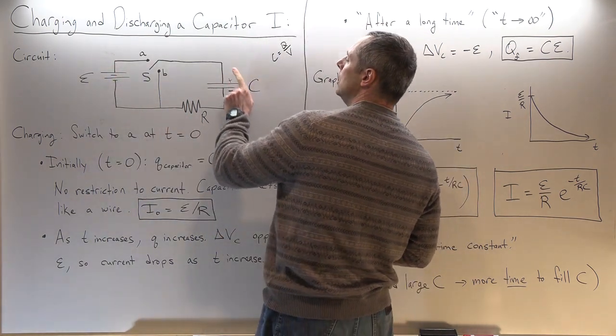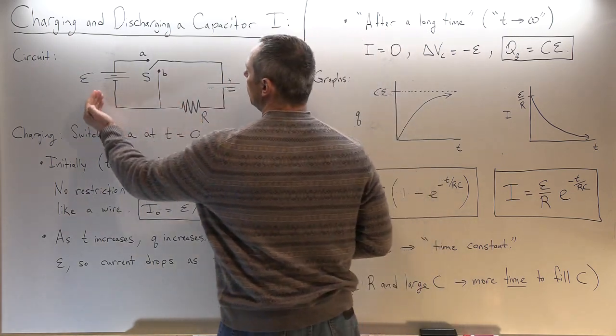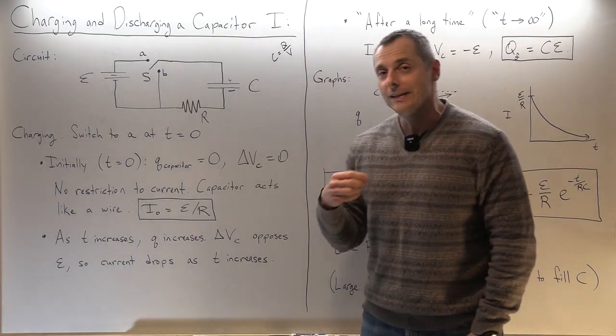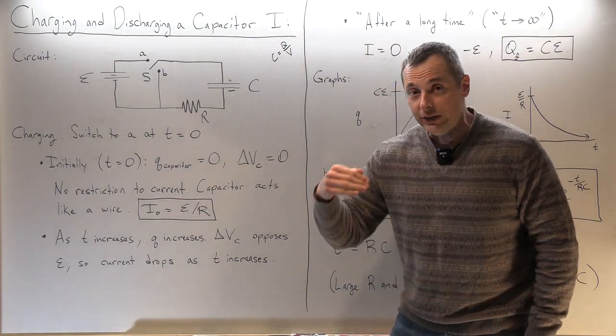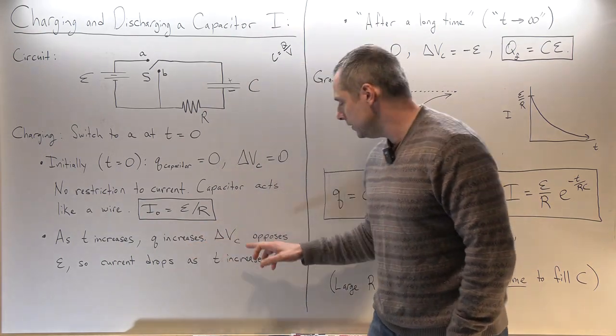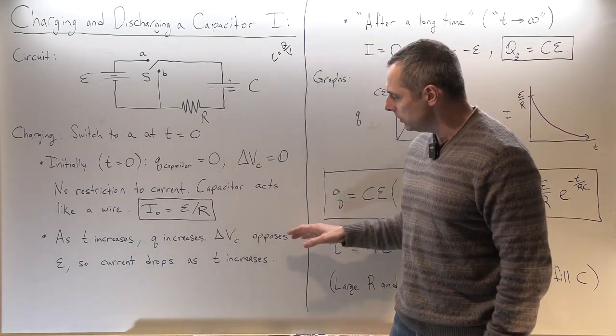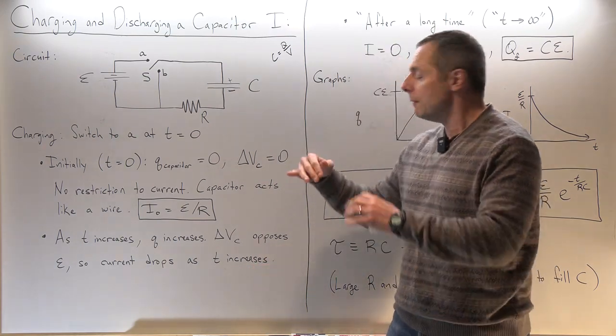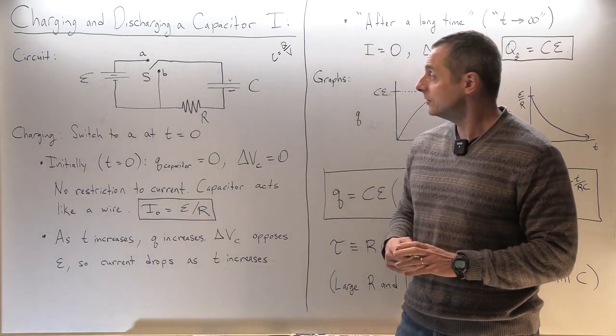So the capacitor is sort of opposing the voltage of the battery. And what that means is the net voltage on the resistor is getting smaller. And so as time increases, the charge increases, the voltage on the capacitor opposing the battery increases, and so that drops the current as time increases.